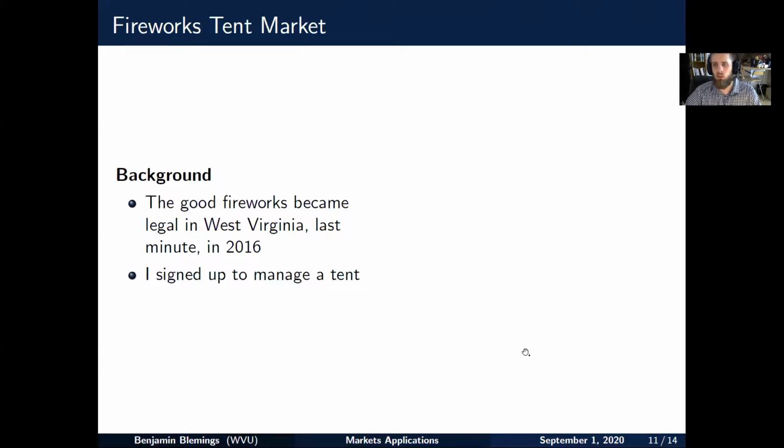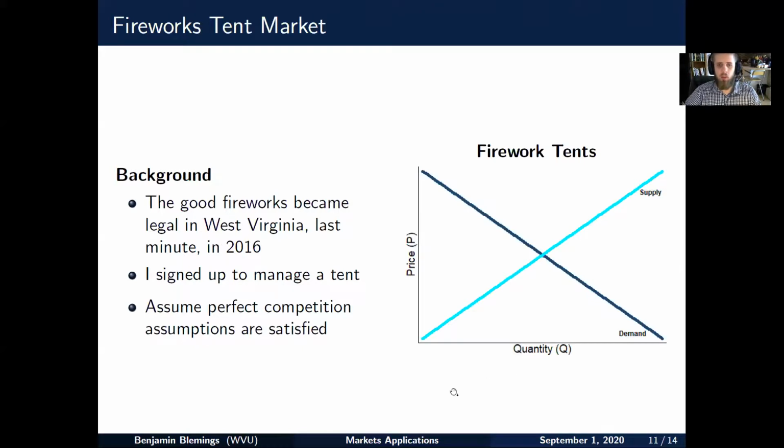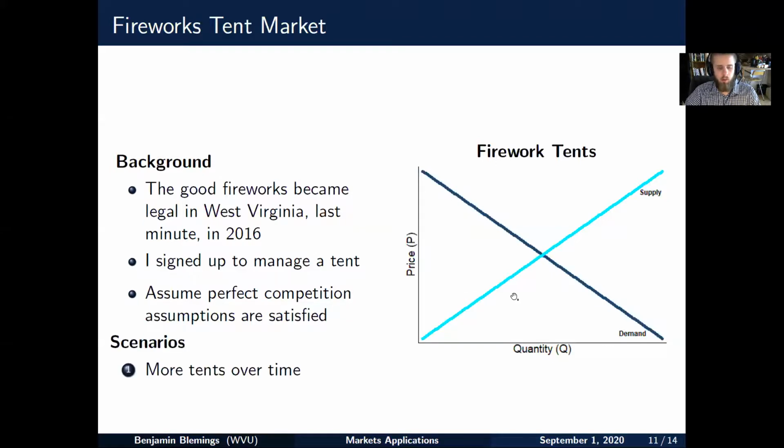So I signed up to manage a tent. Now let's just assume that the assumptions for perfect competition are satisfied, and so we can model the fireworks tent market using the supply and demand framework. The light blue line is the supply of fireworks tents, and the dark blue line is the demand for fireworks from fireworks tents.